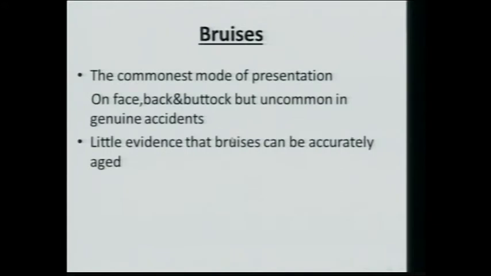This is the commonest mode of presentation, and on the face, back, or buttocks, but uncommon in genuine accidents. Little evidence that bruises can be accurately aged. Sometimes it is very difficult to give an accurate age for these bruises. How old?